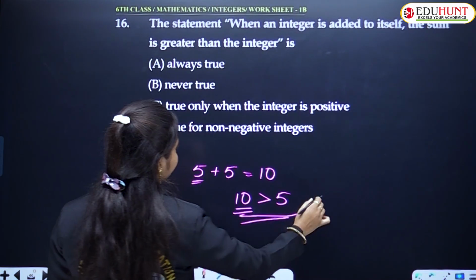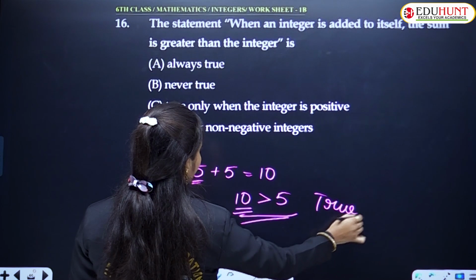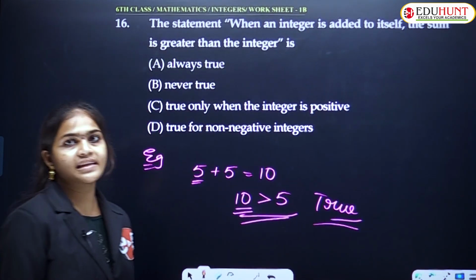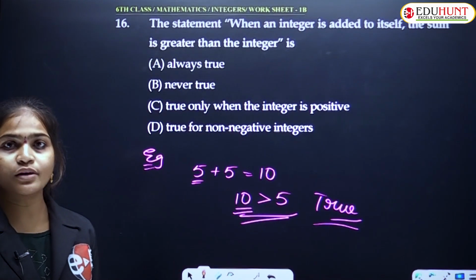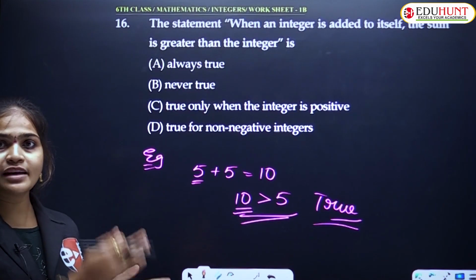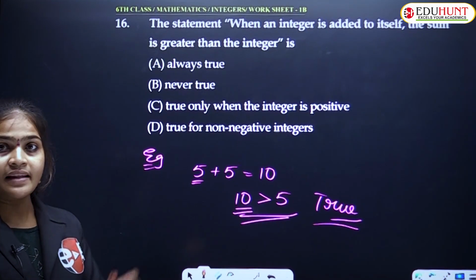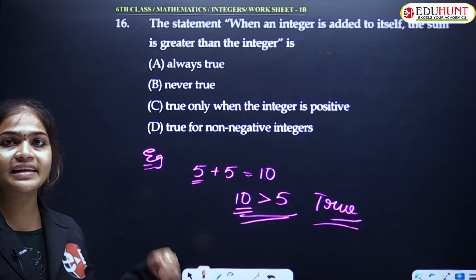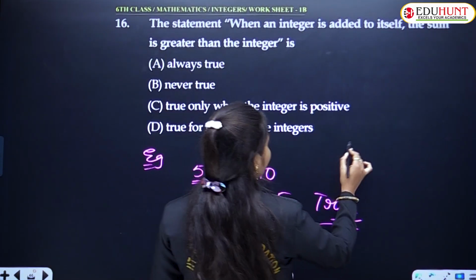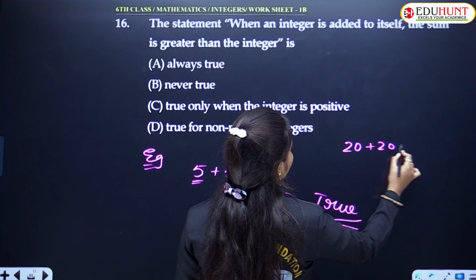Is this statement true or not? If you take an integer and add the same integer to itself, the resultant must be greater than the given number. Not only this one, for example, 20 plus 20 is equal to 40.